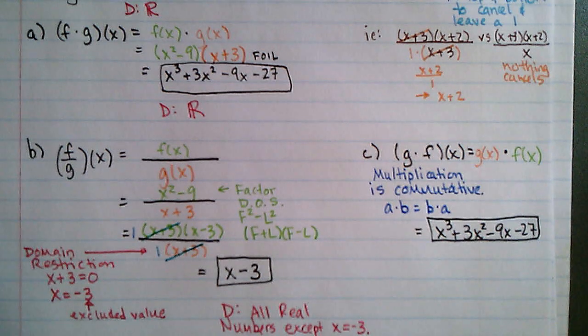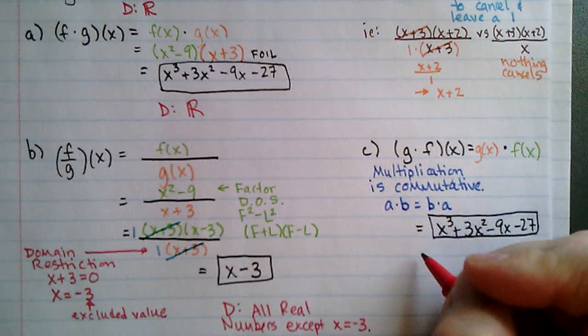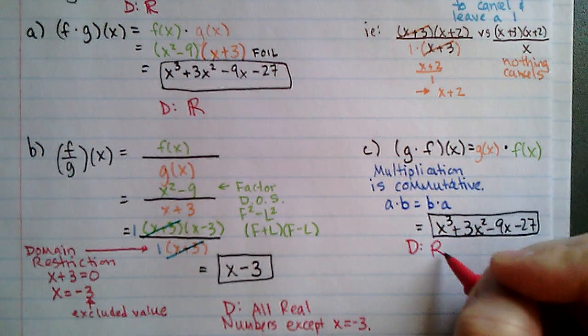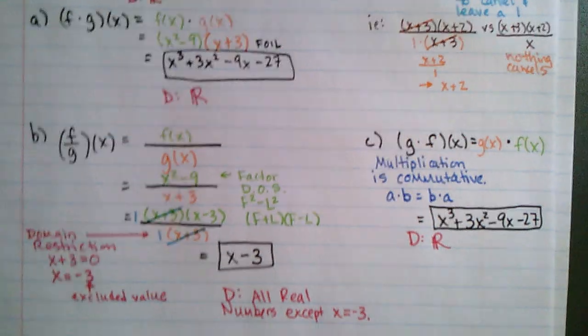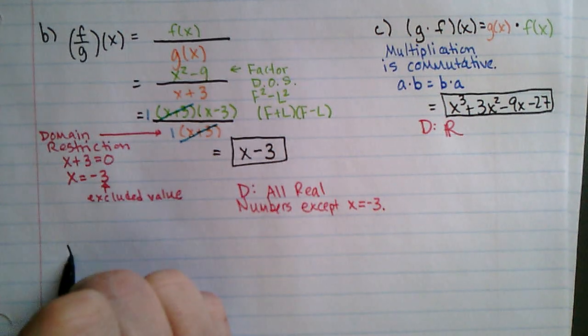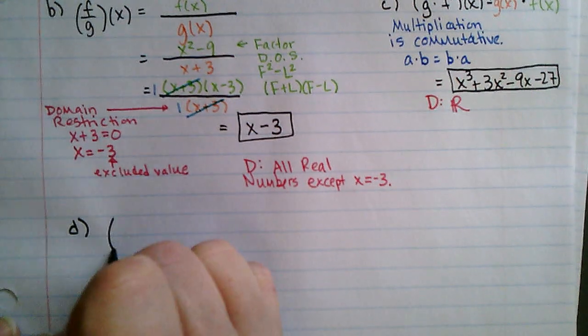And since I've also looked at the domain up here, I know that the domain is all real numbers. Part D. You know what we're going to do, I bet.